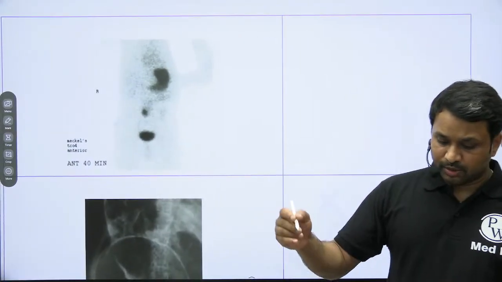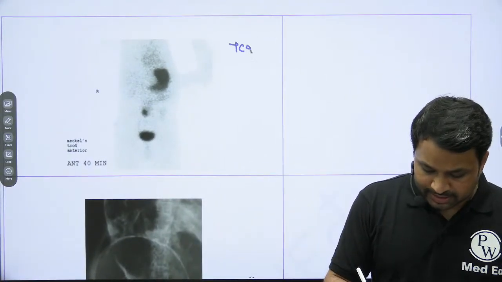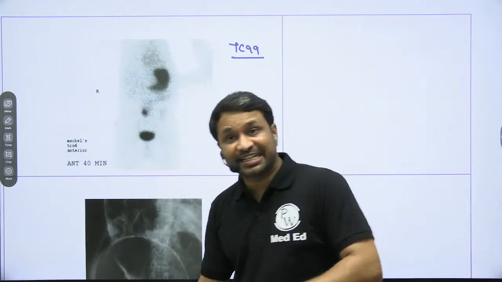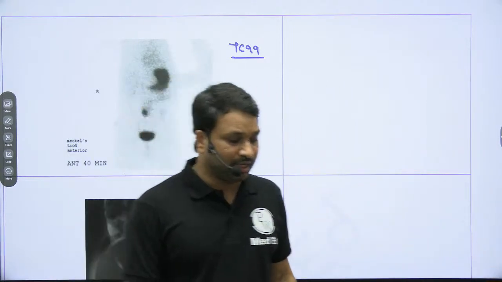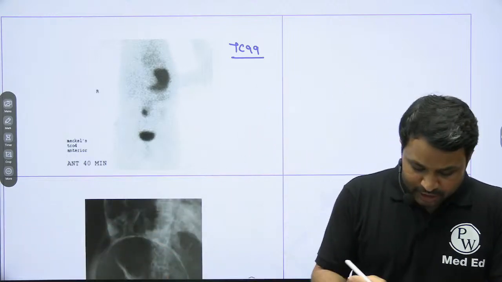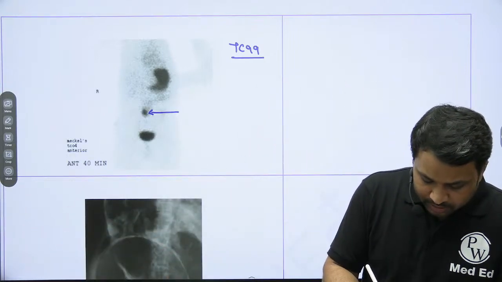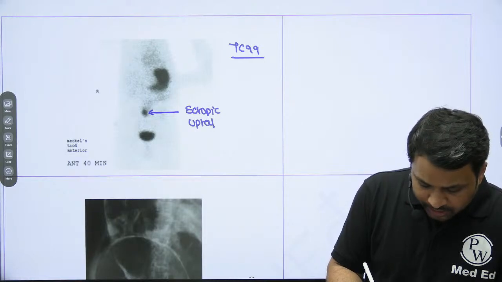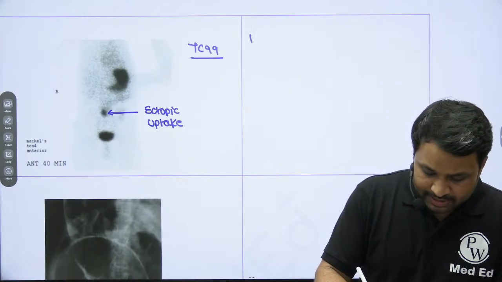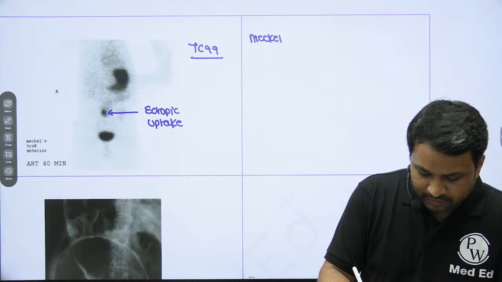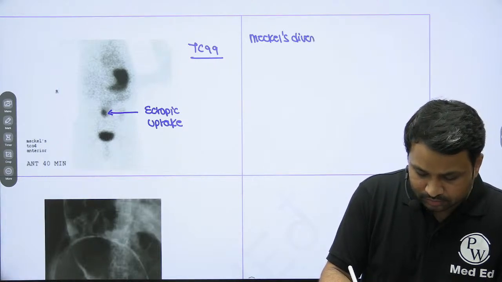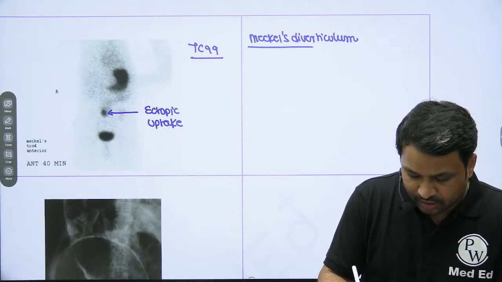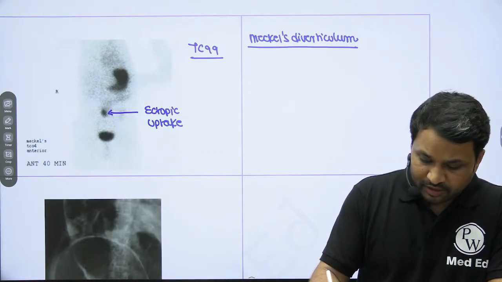Now here you see it is a technetium 99 scan. Technetium 99 has got a high affinity for gastric type of mucosa as well as transitional epithelium that is there in the bladder. Now, if there is presence of an ectopic uptake, it indicates it is your Meckel's diverticulum, right? Now, Meckel's diverticulum, few important points.